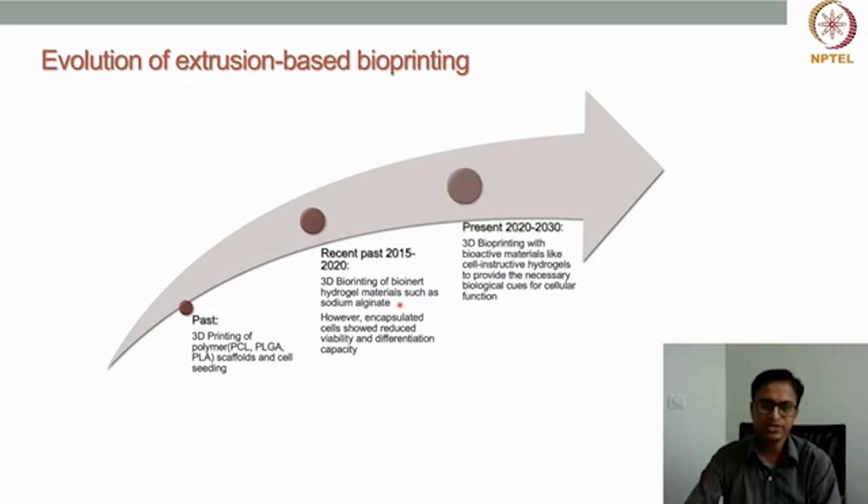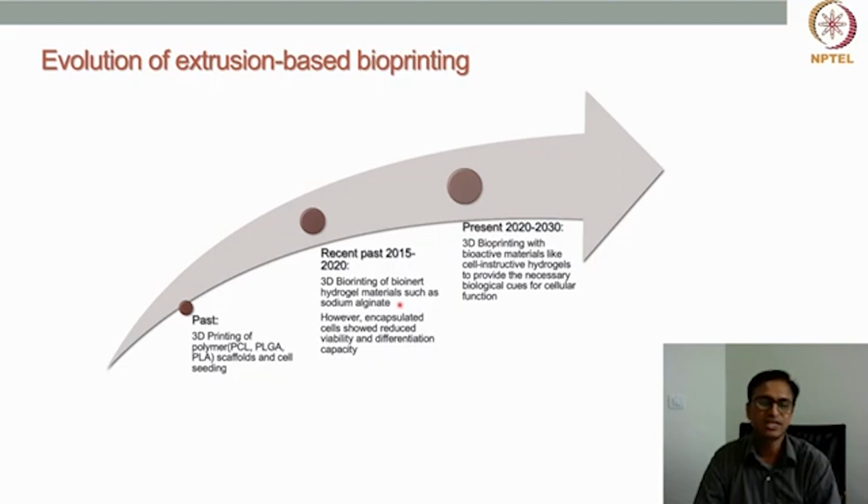Now the recent trend is that bioactive materials are mostly used for printing of 3D structures, and cells are encapsulated within these bioactive materials. Recently, cell instructive hydrogels are mostly used for preparing 3D structures, so that we can provide the necessary biological cues for functional tissue fabrication.